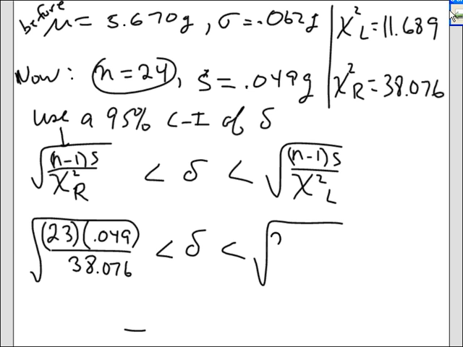Well, the top doesn't change. It's still n minus 1 times s, divided by 11.689.